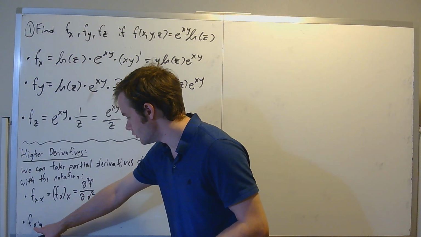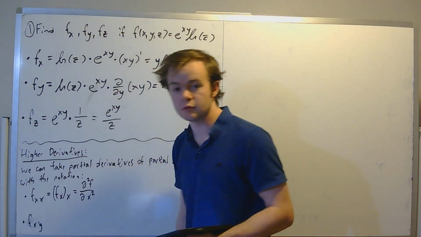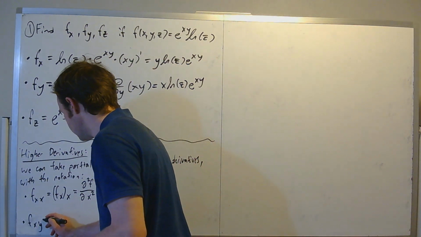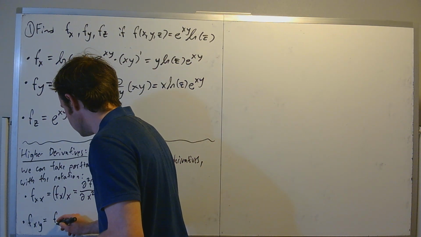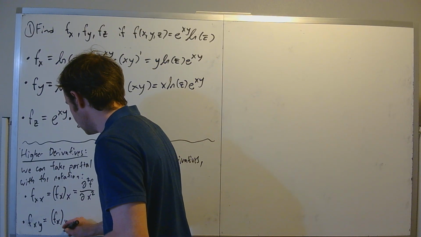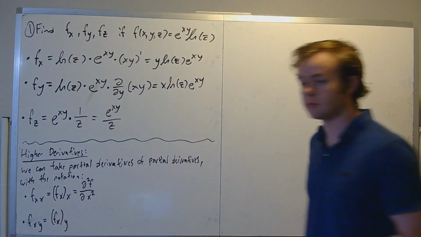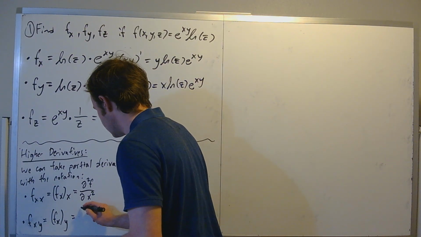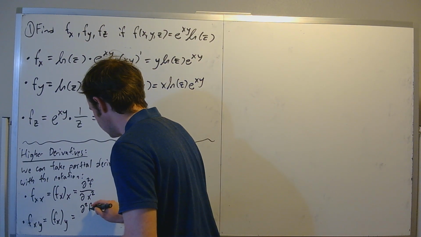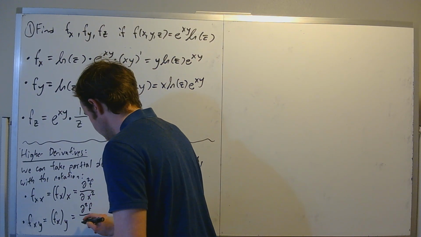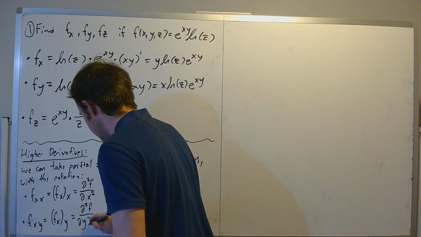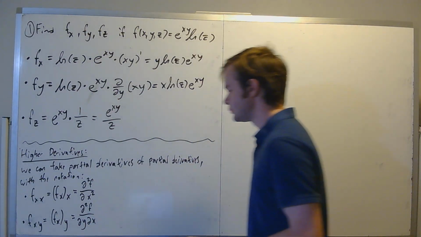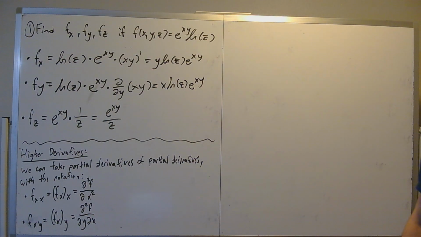So first we do the partial with respect to x, then we do the partial with respect to y. So you can write this as the partial with respect to x, and then taking the partial derivative of that with respect to y. And you can write that as this. Okay. So that's two of our options.